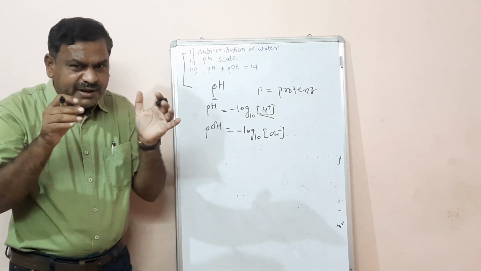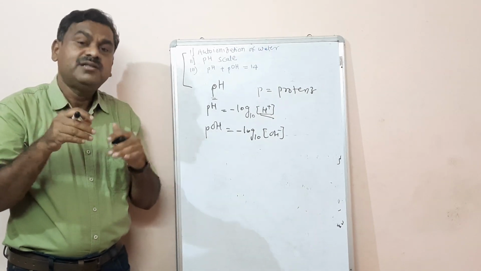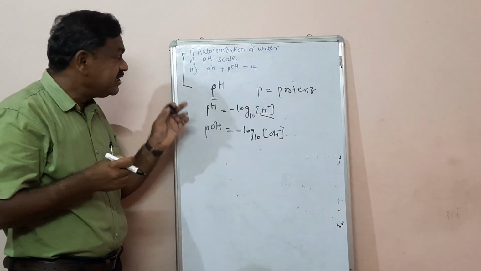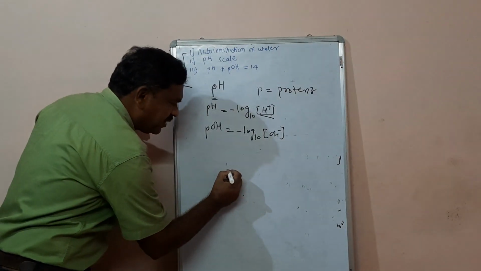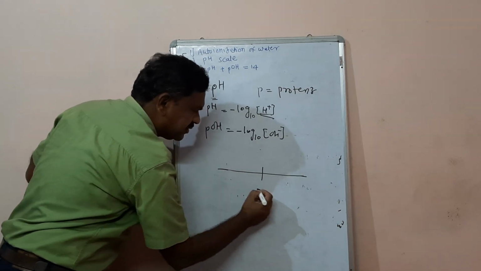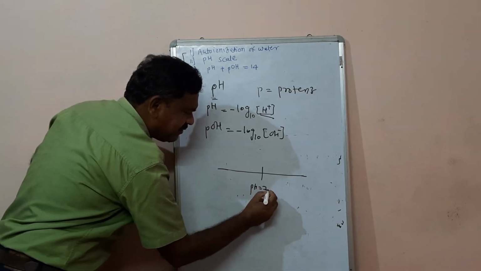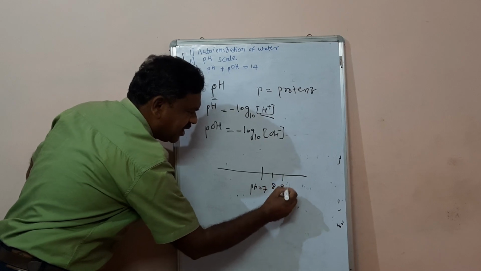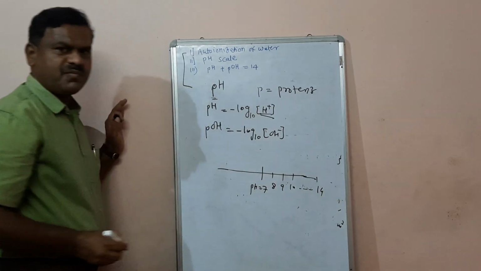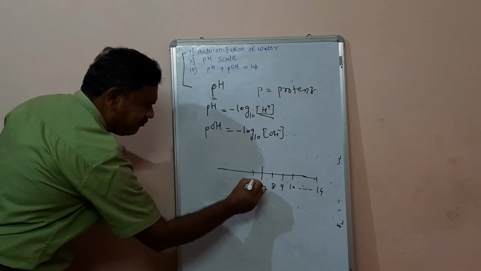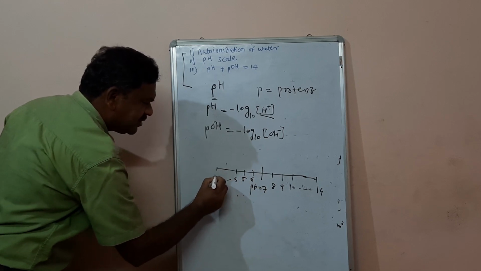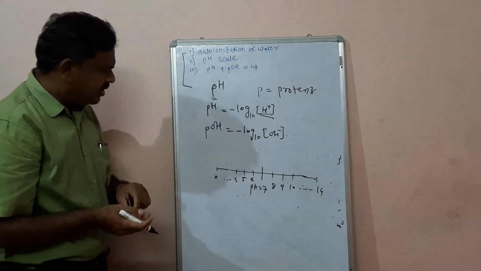Then how do we identify acidity and basicity on the pH scale? This is the pH scale. This is pH equal to 7. This side is 8, 9, 10, up to 14. Then this side is 6, then 5, 4, up to 0.